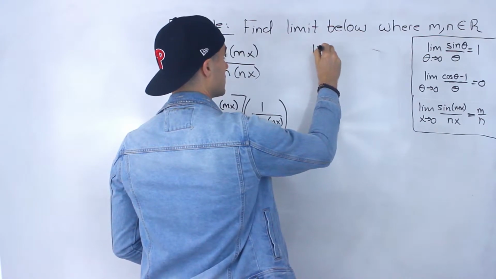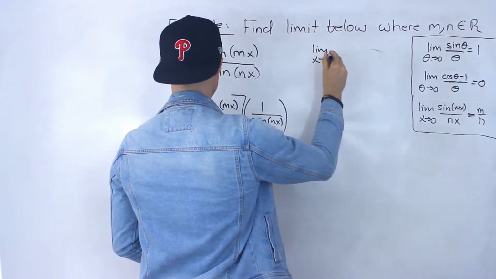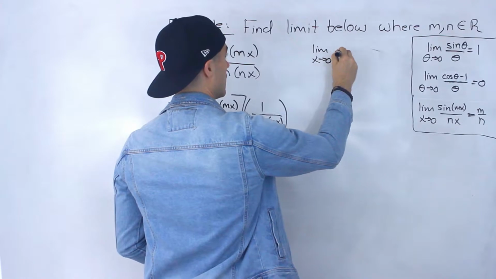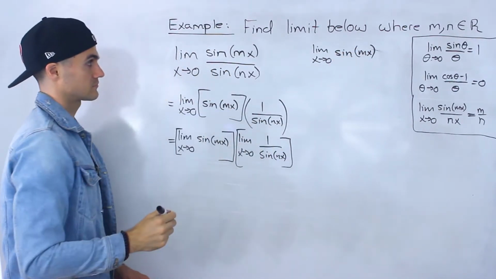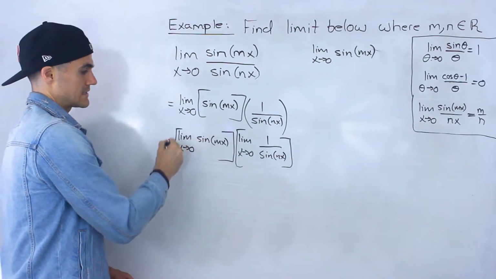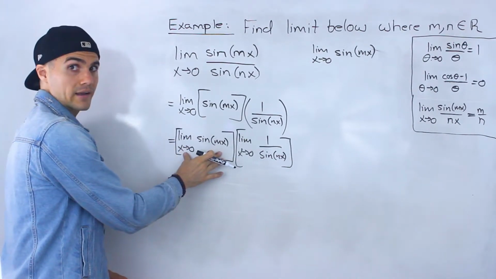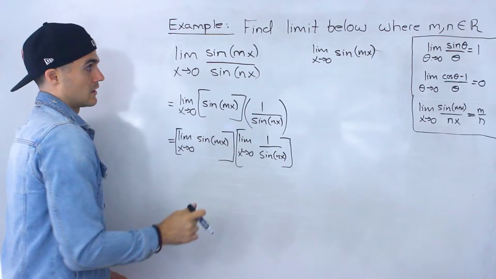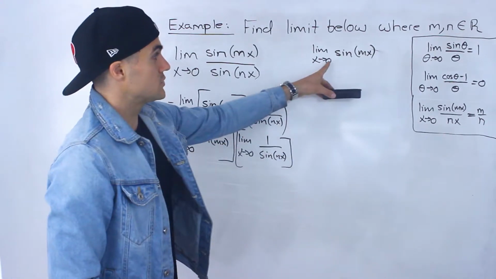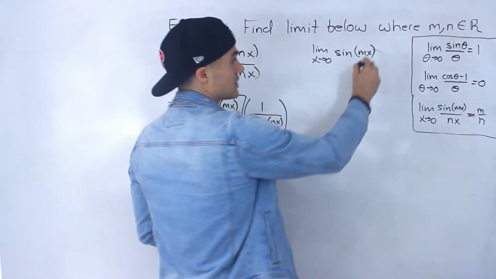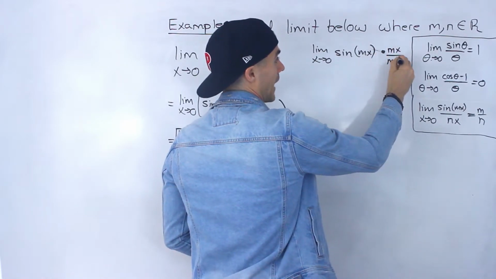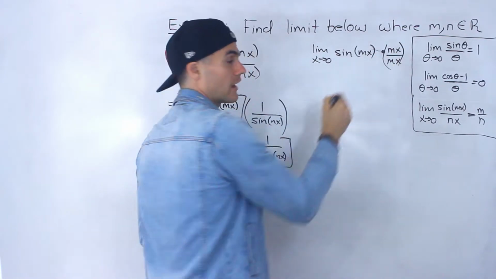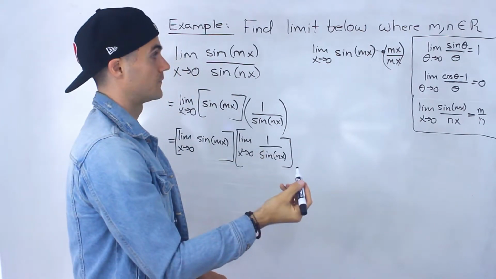So we've got the limit as x approaches 0 of sine mx. I'm going to see what I can simplify this bracket to. Now, what I can do here is multiply this by mx over mx, so it's like I'll be multiplying it by 1.